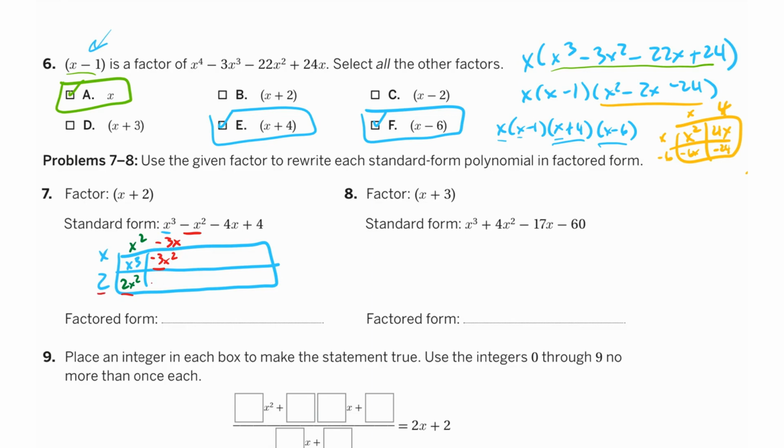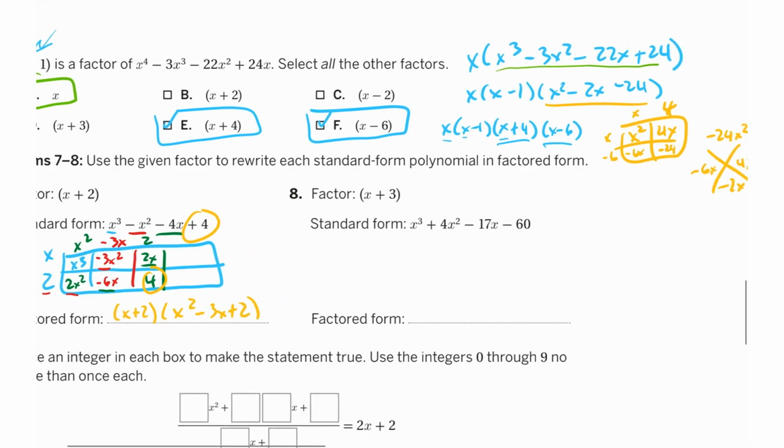Multiplied by 2 is negative 6x. This term and this term have to add to negative 4x, so that has to be positive 2x, which makes this just 2. 2 times 2 is 4, which is good because this last term matches my last term here. So it ends up giving me x plus 2, and then x squared minus 3x plus 2.